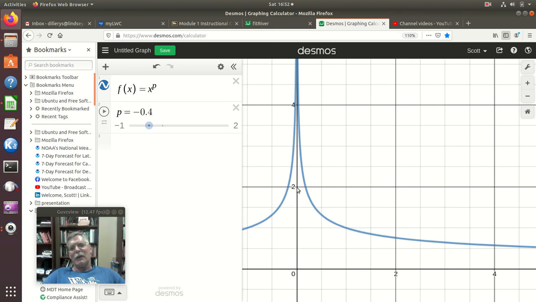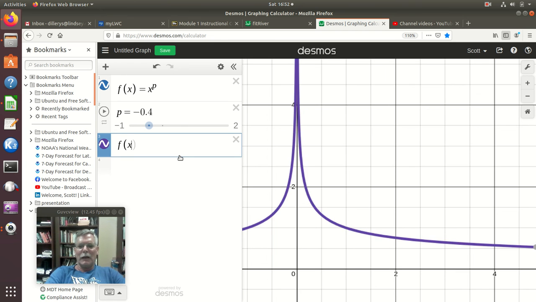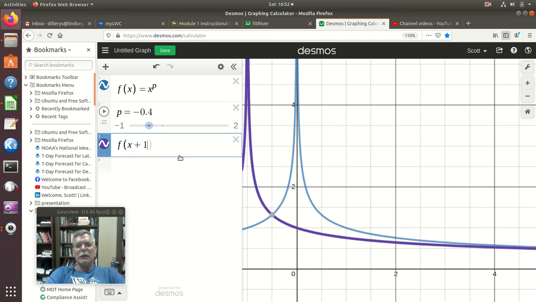And even if that data has a y-intercept, well, that's no big deal. Again, all I have to do is move this thing to the left. So for instance, if I did f of x plus 1, right, then all of a sudden I have a y-intercept. The vertical asymptote problem is all of a sudden over here.